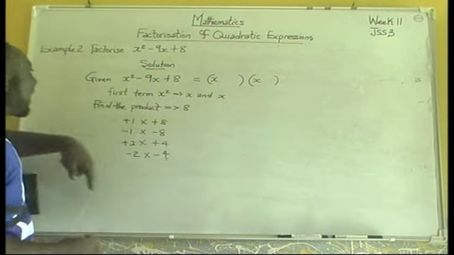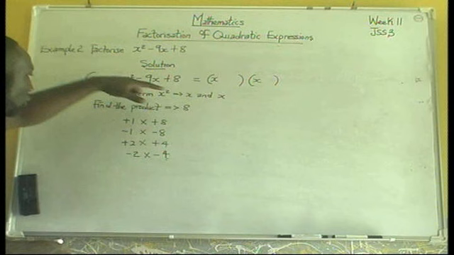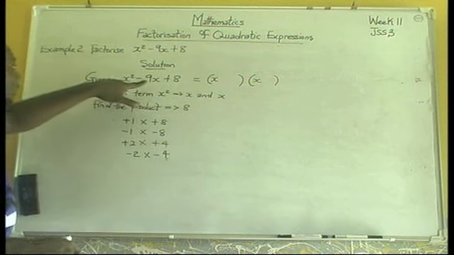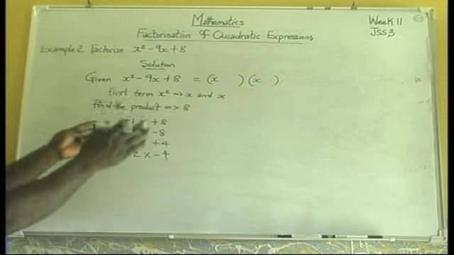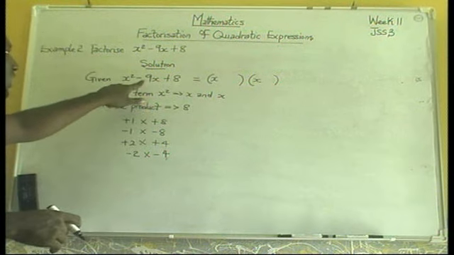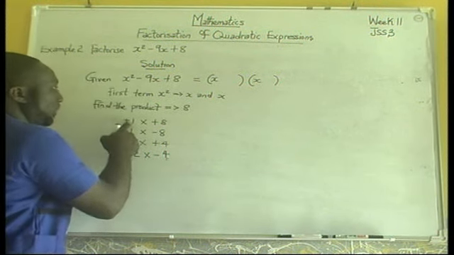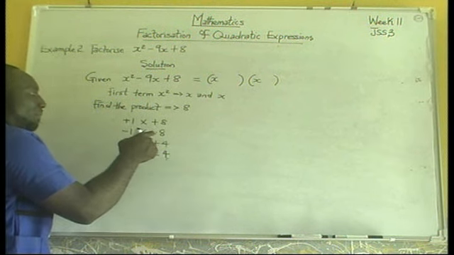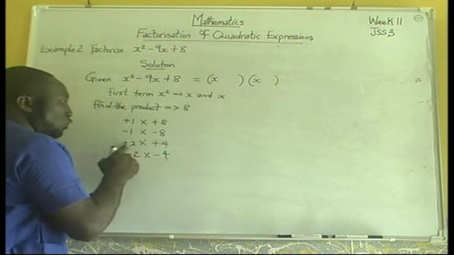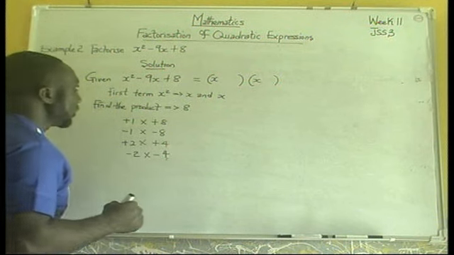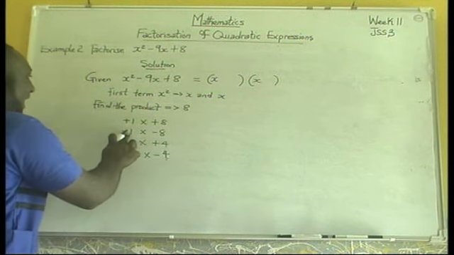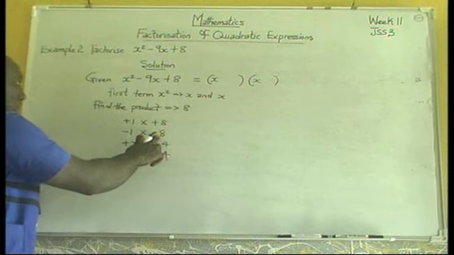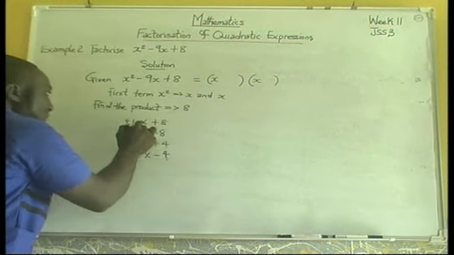Now let's look at these products. The one that, if we add it, will give you the coefficient of x, which is minus 9. Let's check. Plus 1 plus 8 is plus 9. Minus 1 minus 8 is minus 9. So we are using this.